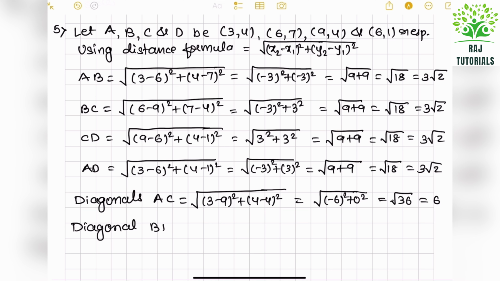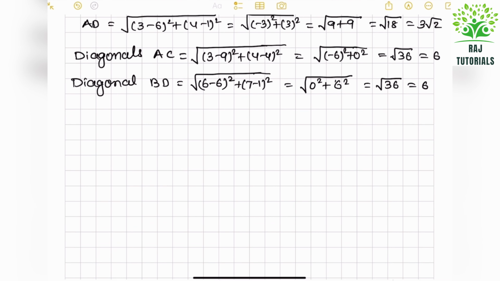Now diagonal BD is equal to 6 minus 6 whole square plus 7 minus 1 whole square. So 6 minus 6 will be 0 and 7 minus 1 is 6 square. So this also will be 36, which is equal to 6.